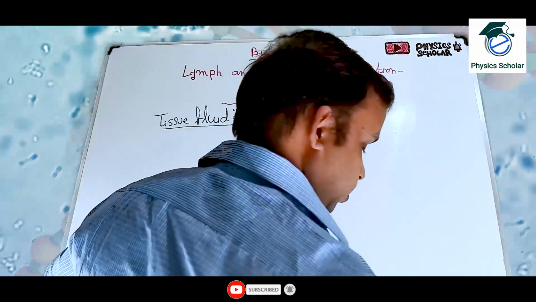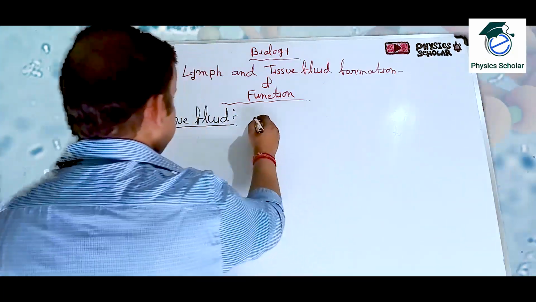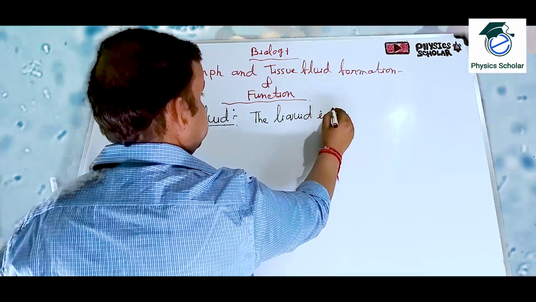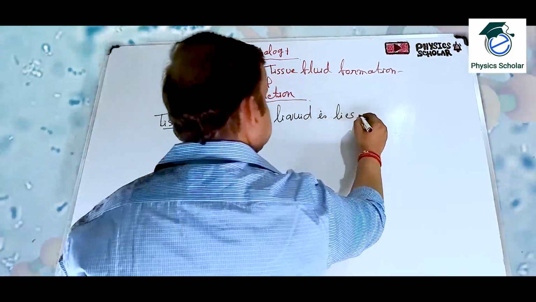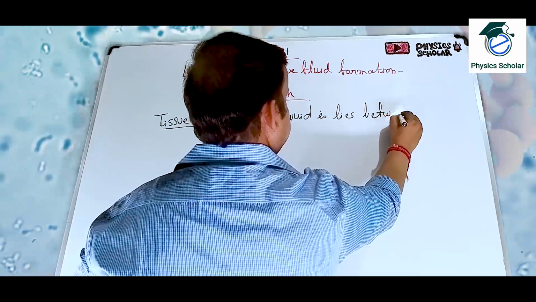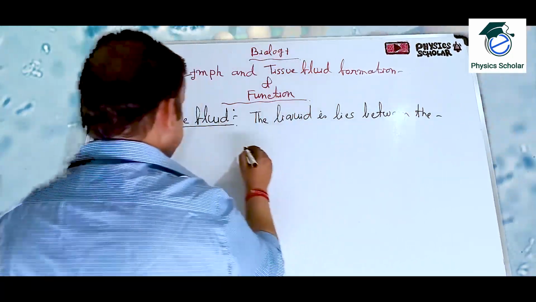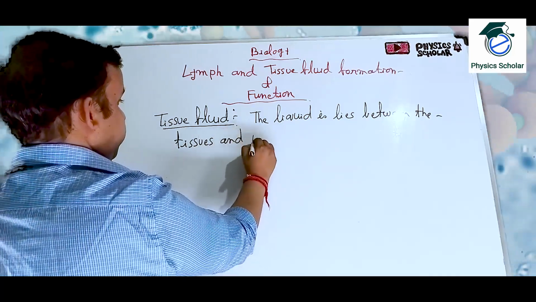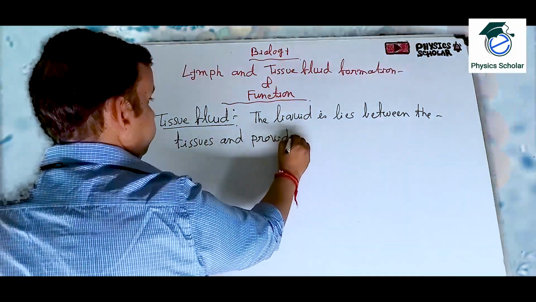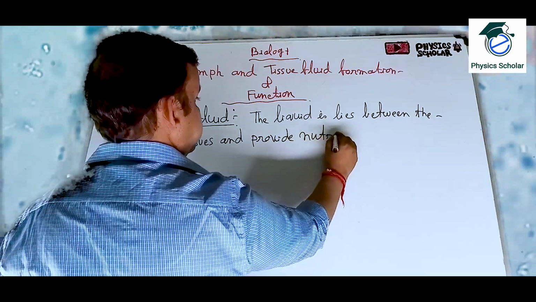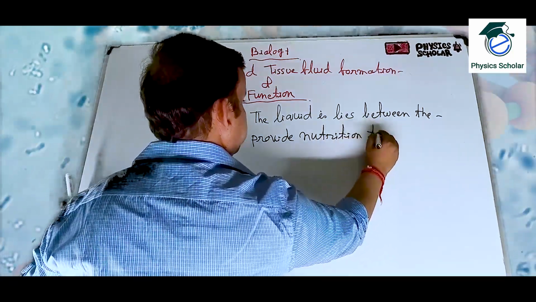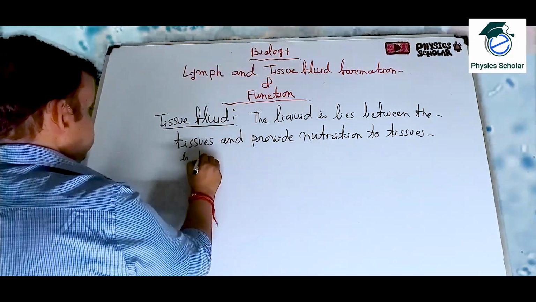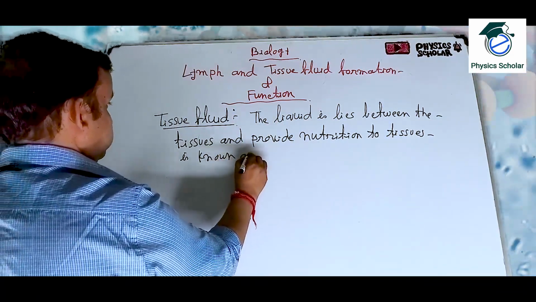Clear? So if it is asked what is tissue fluid, what we have to write is: the liquid which lies between the tissues and provides nutrition to tissues is known as tissue fluid.